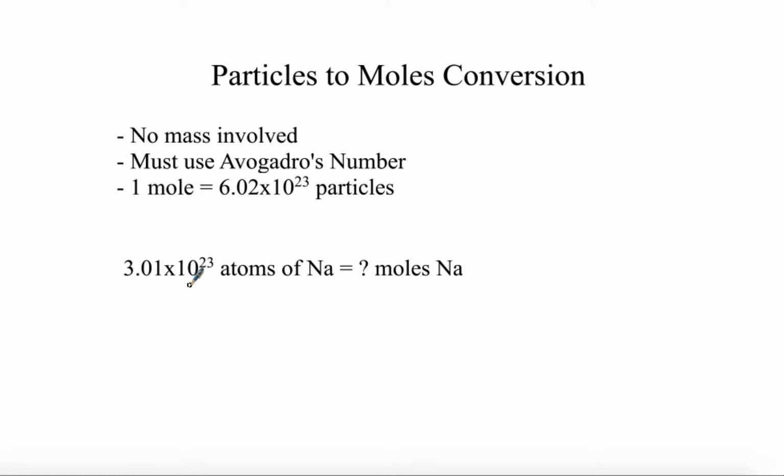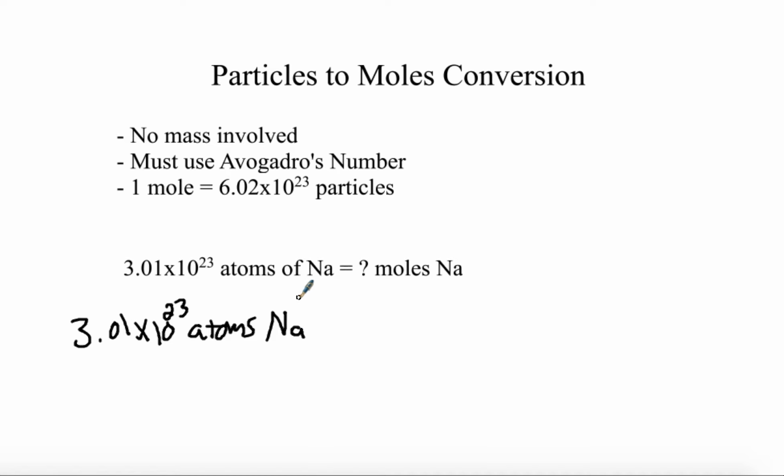So let's start off. We have 3.01 times 10 to the 23 atoms of sodium, and we want to know how many moles of sodium that is. Okay, so this will require a little bit of math with scientific notation, but the process does not change either way. So we have 3.01 times 10 to the 23rd atoms. And you always want to make sure that you label the substance as well.